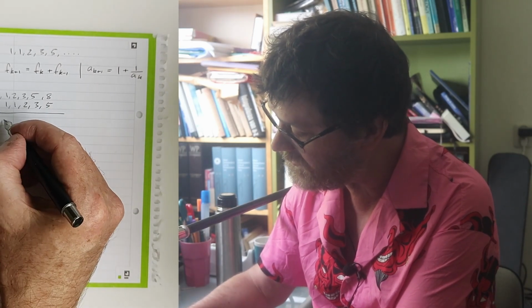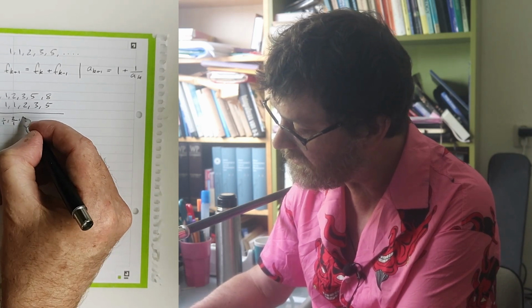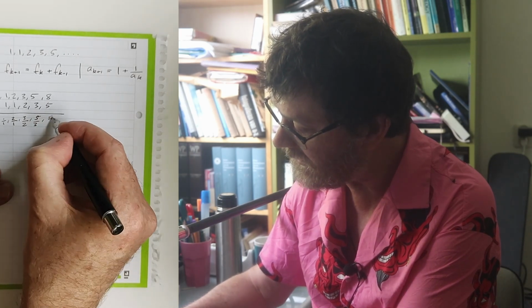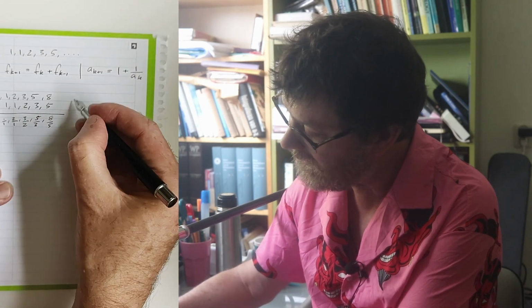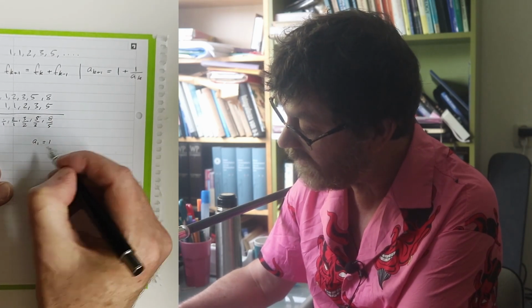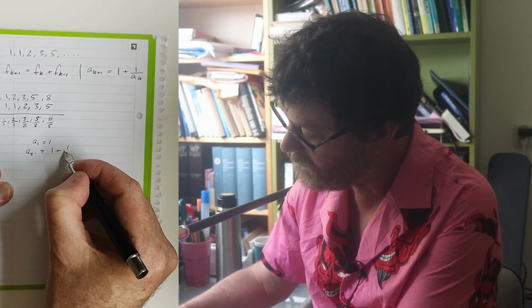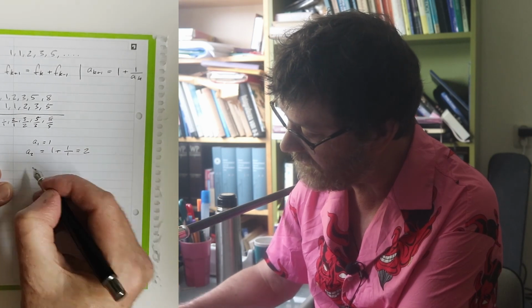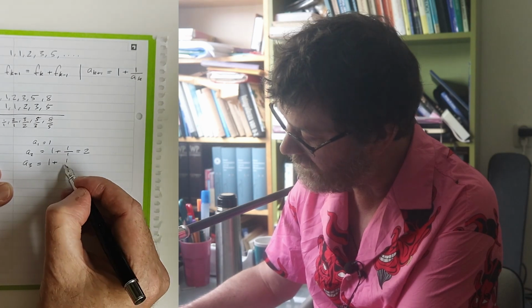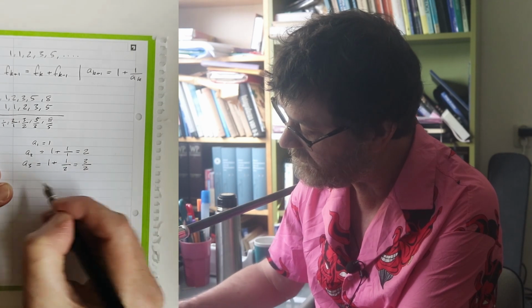This one doesn't have a ratio, so we've got 1 over 1, 2 over 1, 3 over 2, 5 over 3, 8 over 5.